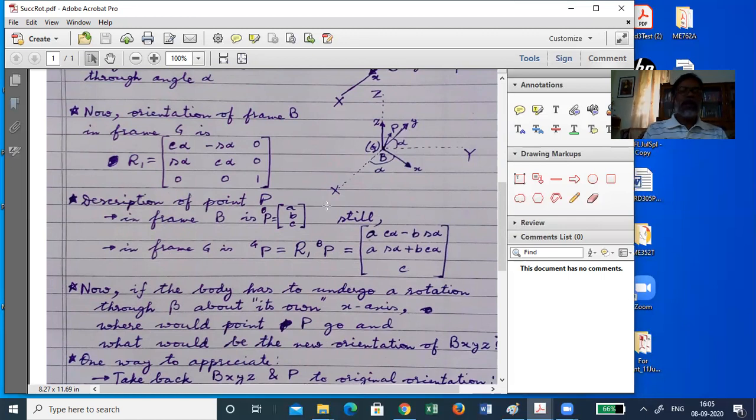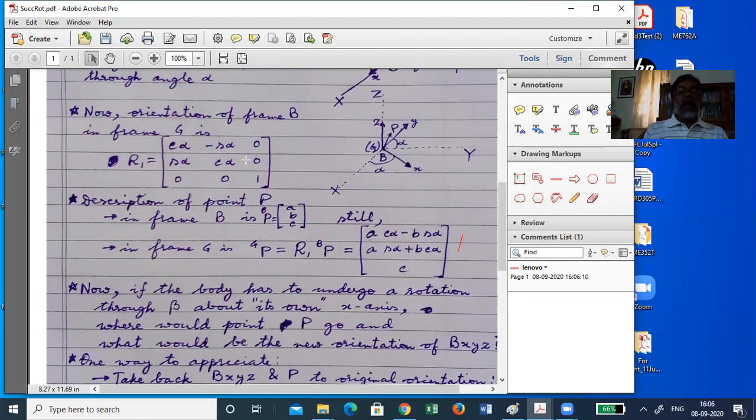That remains a, b, c still. In frame G, it is this, as we saw earlier. So this is multiplication with the rotation R1, which is this, rotation about the z axis.